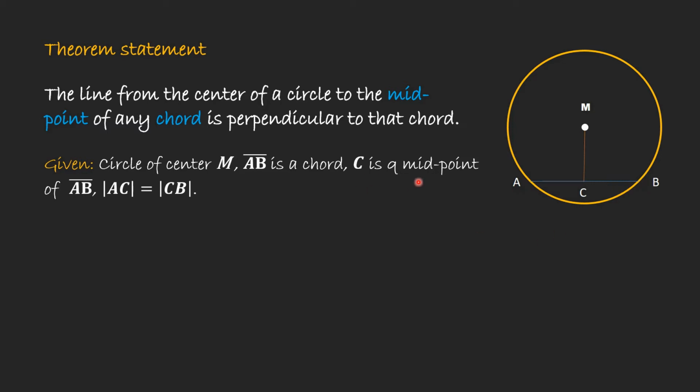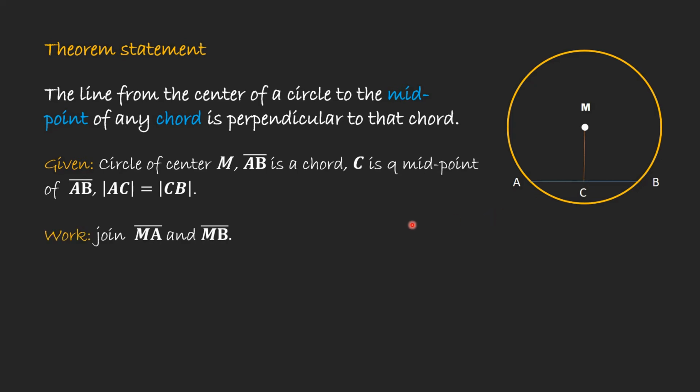C is a midpoint of AB, so this point C is the midpoint of the chord AB. Therefore we will have AC equals CB, so this line AC will exactly be equal to CB because this line is divided into two equal parts.